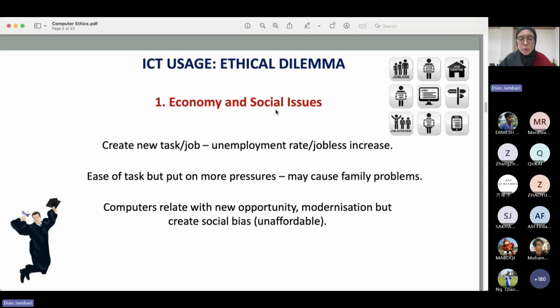With the computer and all of these tools that allow work or tasks to be more efficient, business becomes much better, and it has the potential to create new jobs.